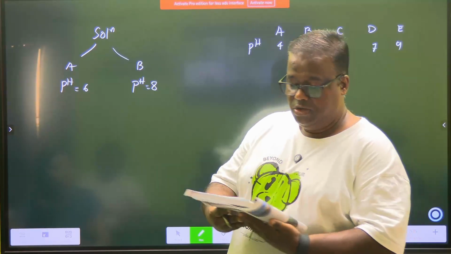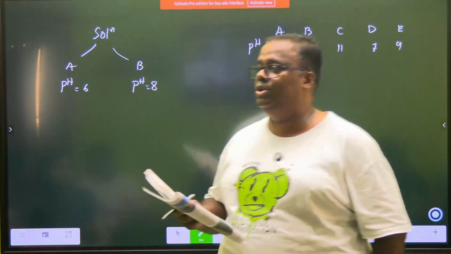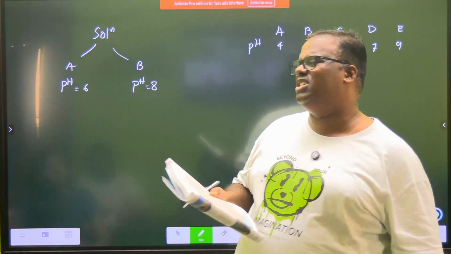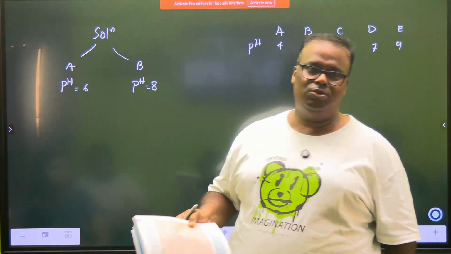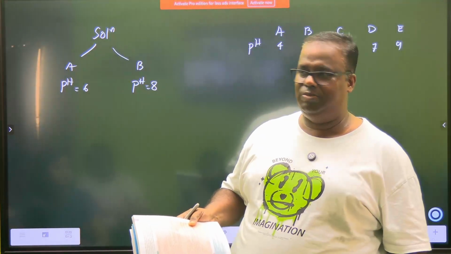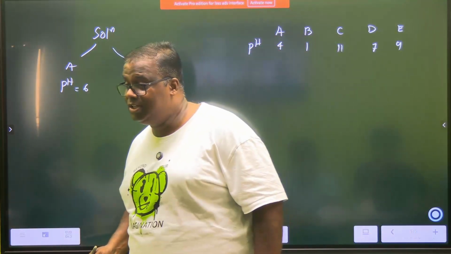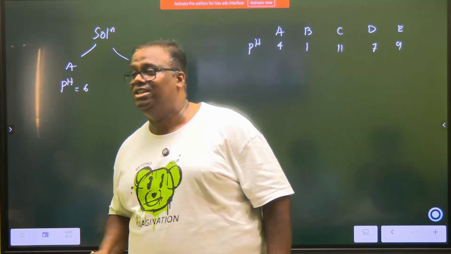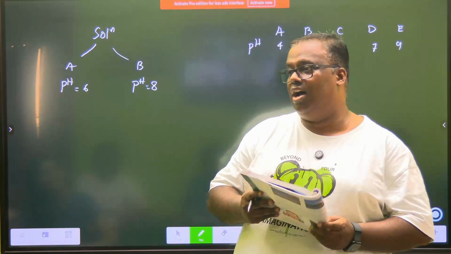Now, what color will a universal indicator show if you add to it the following substances? The substance that I'm going to name will be either acidic or basic. If it is basic, it is going to show you a dark bluish color. Number one is potassium hydroxide, caustic potash, a dangerous alkali, very strong, so it will show you dark blue.